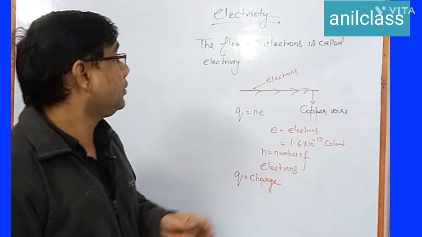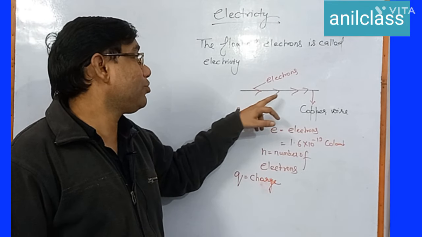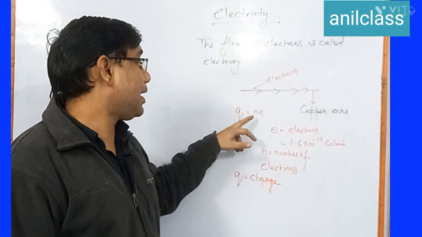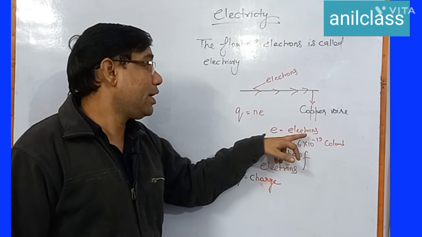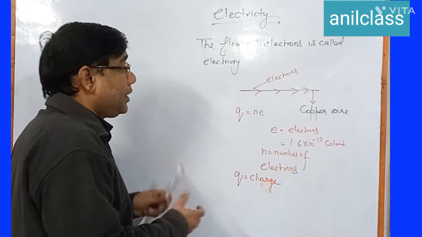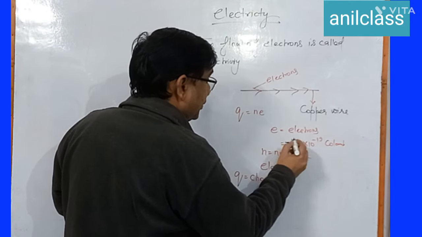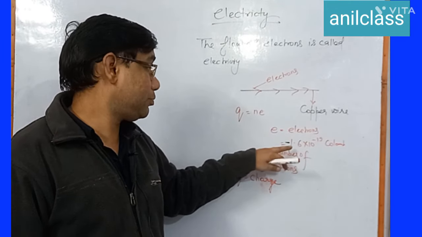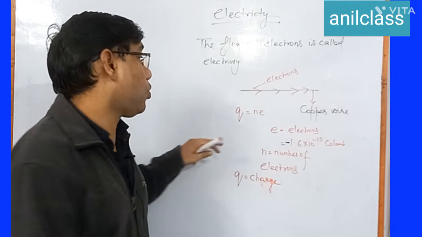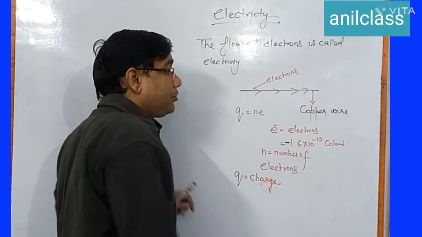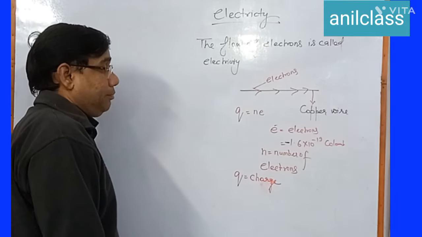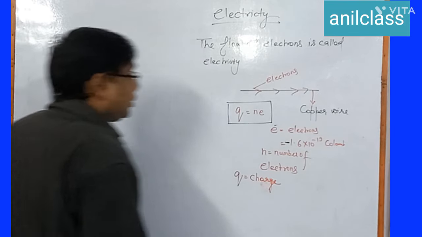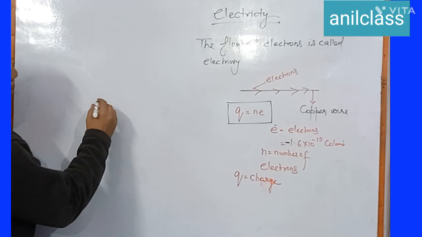So my friend, the flow of electrons in a wire is called electricity, and Q is equal to Ne. For a proton the charge is positive, and for an electron it is always negative. Now we got the formula Q is equal to Ne.